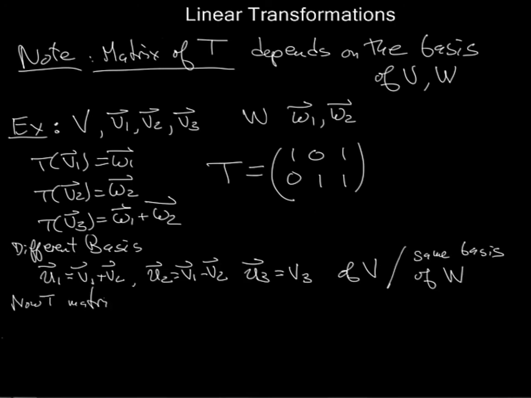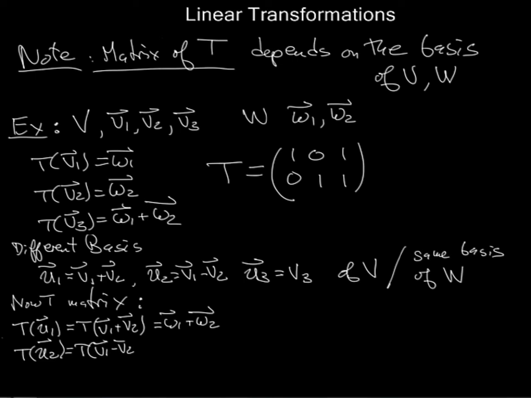Well, let's see. What is T of U1? Well, U1 is V1 plus V2, and therefore I calculate it as W1 plus W2, and similarly T of U2 is W1 minus W2, and T of U3, well, that's just the same as T of V3.